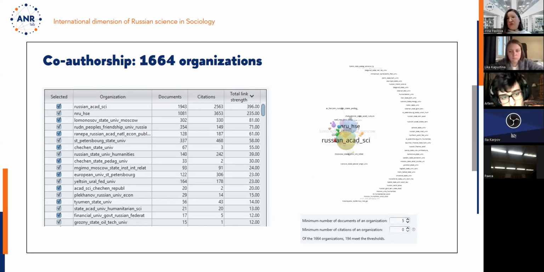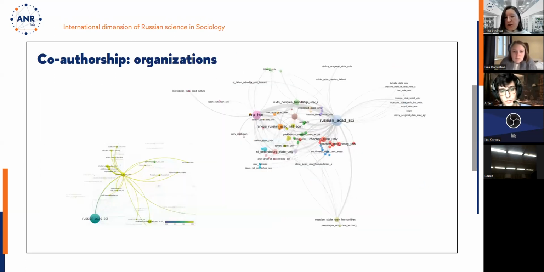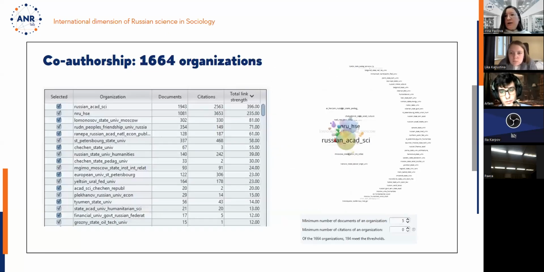For the organizations, we have 2 major organizations present in the entire network. This is the Russian Academy of Sciences and the High School of Economics, surprisingly or not surprisingly. The analysis of organizations is also another research problem, which results in another research question, because we have numerous ways of organizations to be written and translated. We have numerous institutes, departments, faculties inside of organizations interpreted by the software as different institutional affiliations.